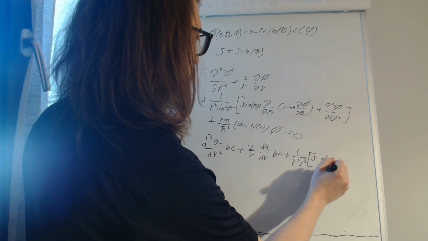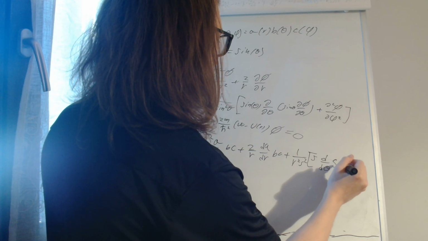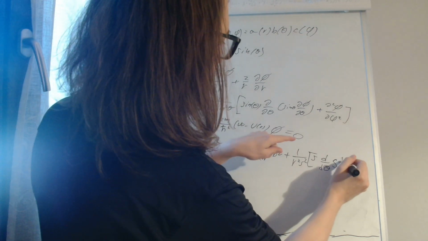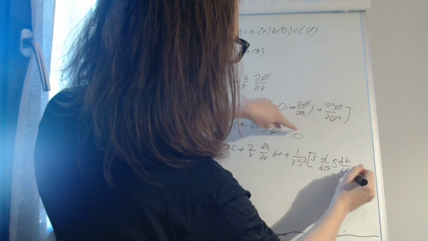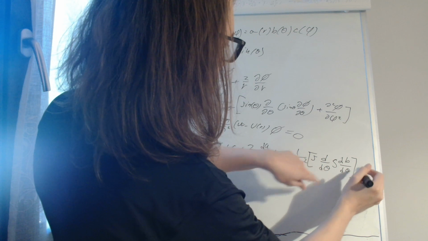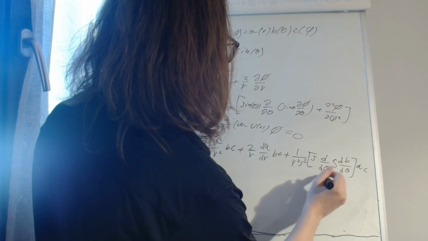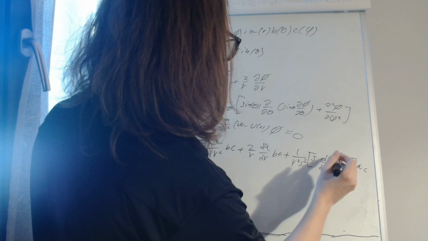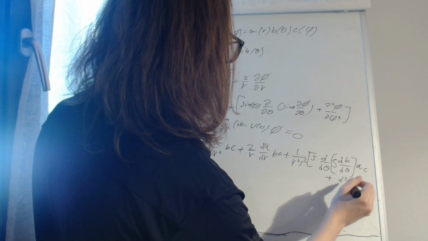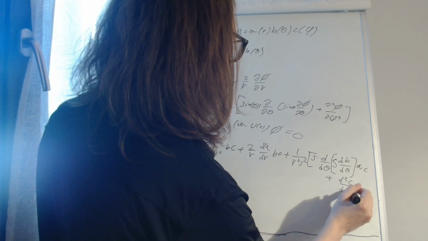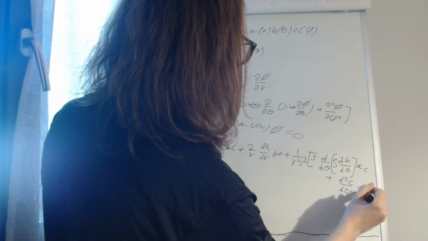Now we can take the total derivative of sine because here we have d theta, and we can take out from the derivation a and c, plus the second derivative of c in d phi squared times ab.